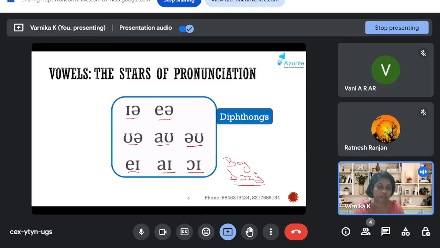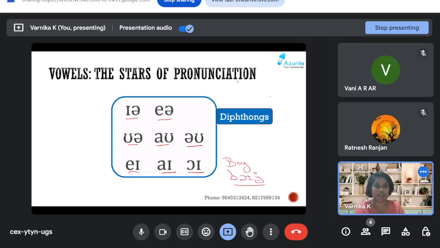Okay, it will tell you this has to have the oi sound, so you will read it as boy. Okay, so don't always associate your letter with the sound, because the same letters will have different kinds of sounds. That's the reason I'm giving you these examples.